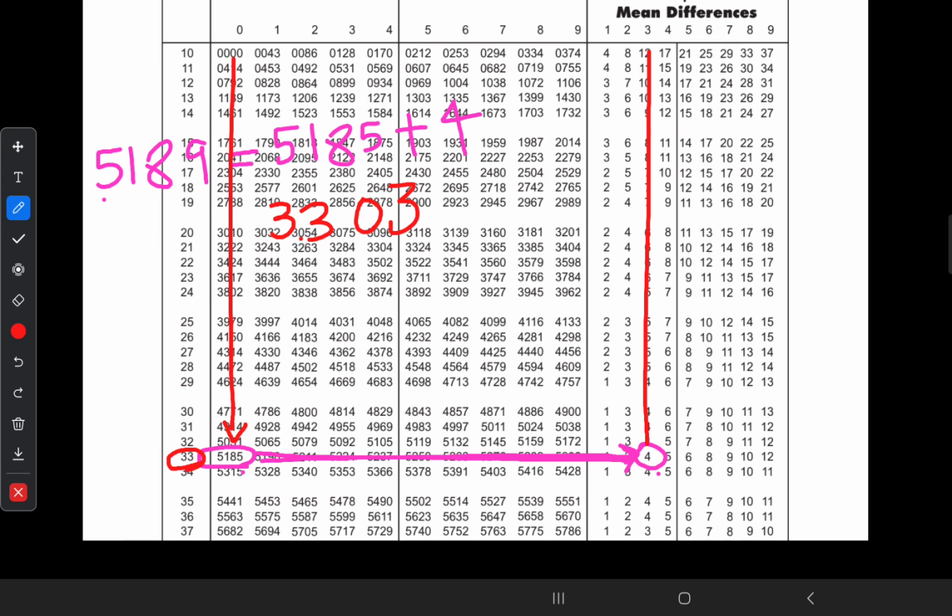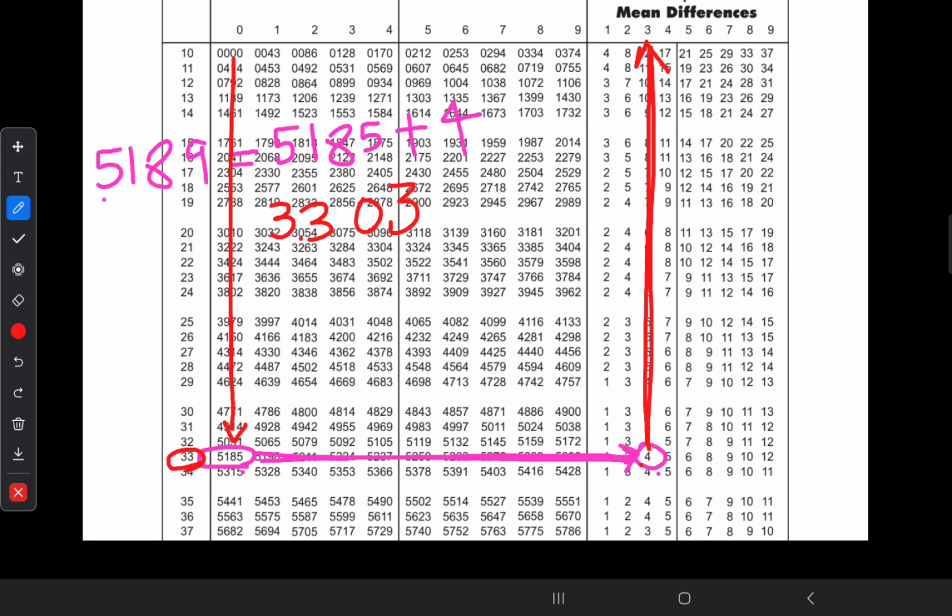This is the way you should indicate your answer. We are finding the antilog for 5189, so inside the table we need to identify this answer. That's how we found the relationship as 5185 plus 4.